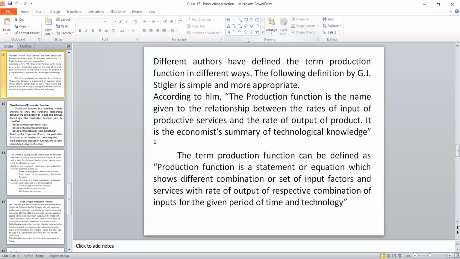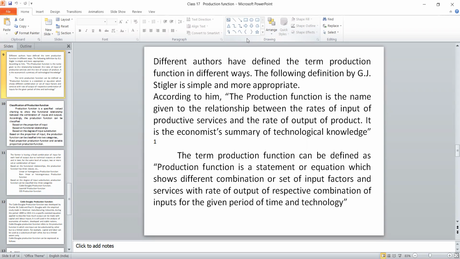Understand one thing, we are also using the technological factor. That is why Stigler has rightly pointed out that the economist is concerned with technological knowledge. We are keeping technology as a constant.